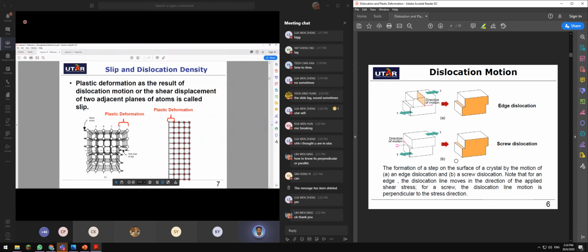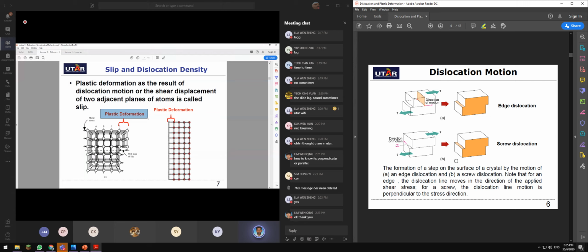The extra plane from a structure came about to this slip. So you have an extra length in this part, and the length for the lower part of this lattice structure is smaller. This slip is what we call plastic deformation.